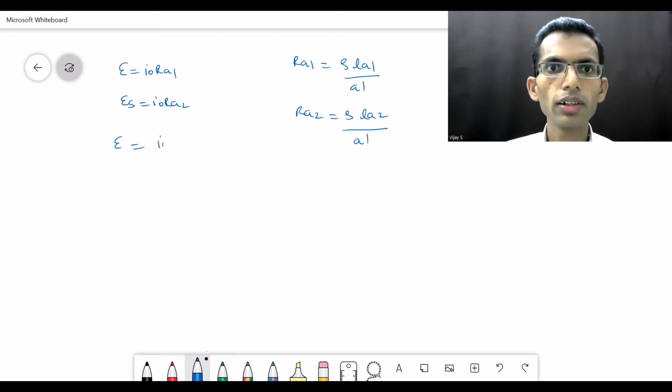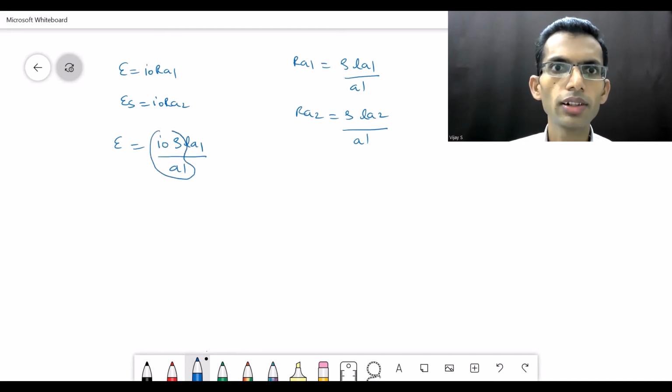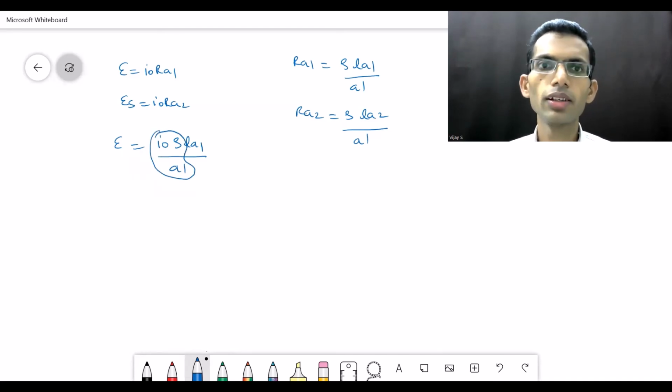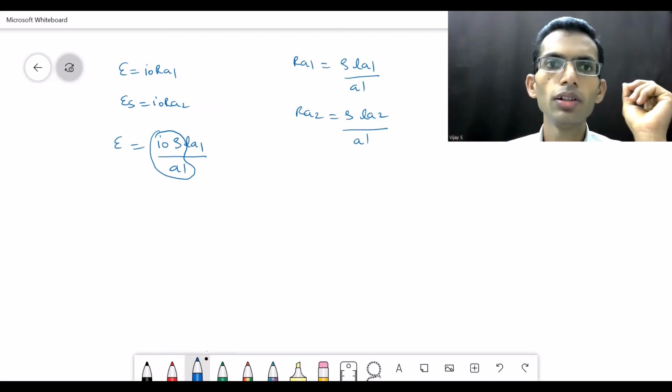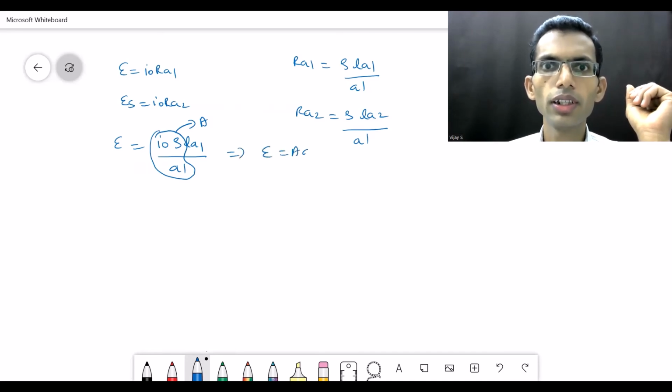So E is equal to I naught, when we substitute, rho LA1 by A dash. Here you can see these are all constants: I naught, rho, A dash. The main circuit current I naught is going to be constant throughout the experiment. So let me take it as constant A. That implies E is equal to A into LA1.